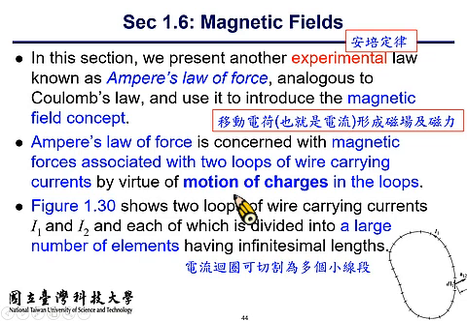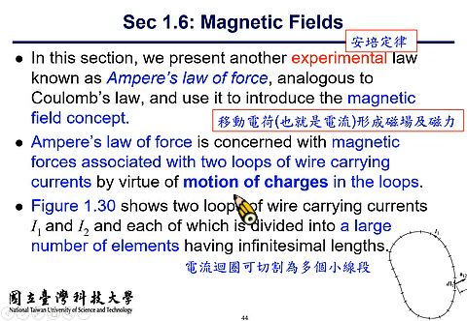What is the source of magnetic field? As I already mentioned, the fundamental source for magnetic field is electric current. As long as there is electrical current, it will be accompanied by a magnetic field.